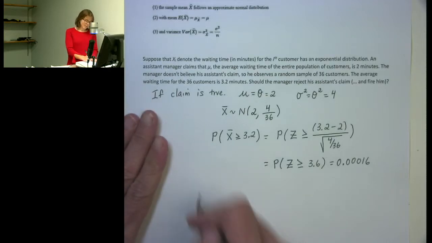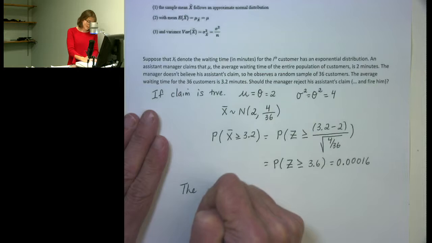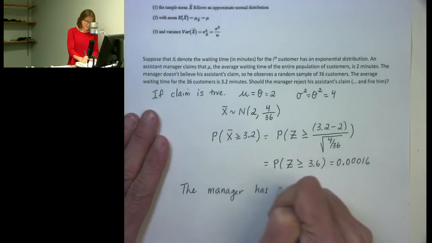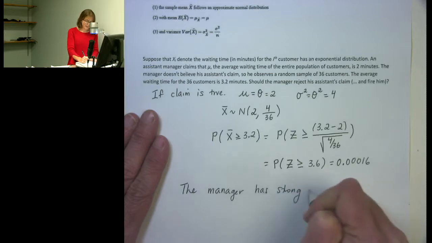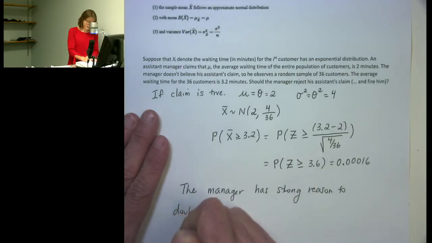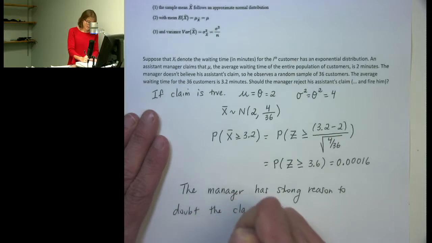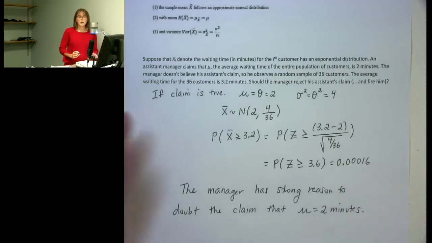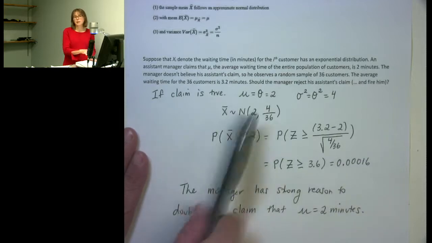So I would say that the manager has strong reason to doubt that claim, because if it were true that the average wait time were 2 minutes, there's almost no chance he would have seen a sample mean like his.